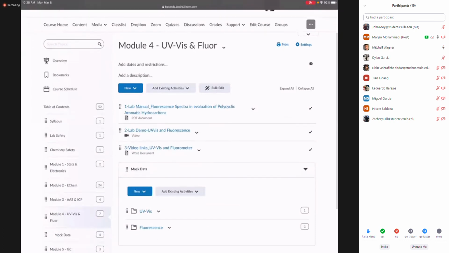Just a question as far as the Excel sheets for the fluorescence part. When we put it into the report, are we able to consolidate the overlay for each PAH?